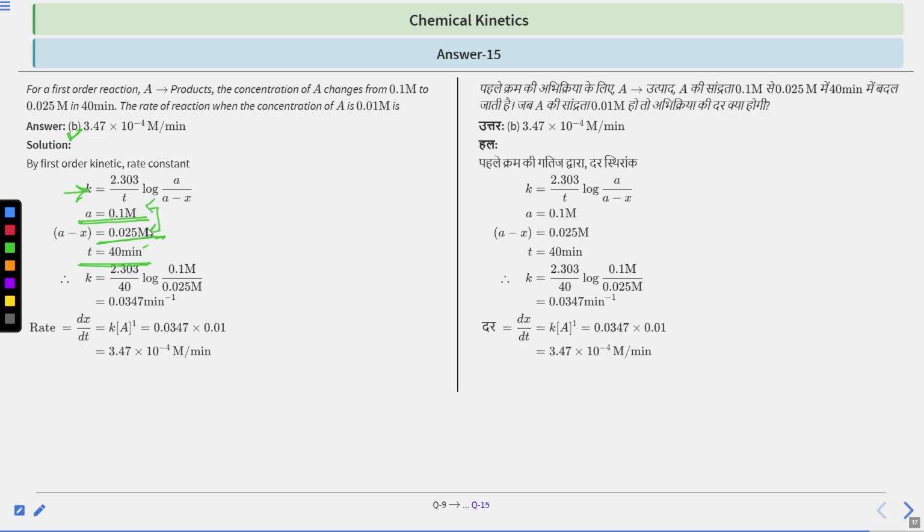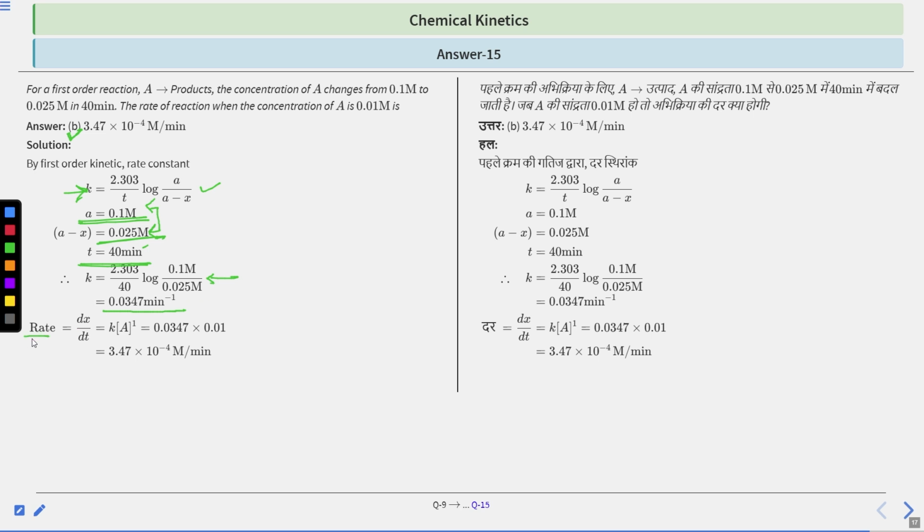So let's put this value in the K equation. So K will become 2.303 divided by 40 log 0.1 M upon 0.025 M, right? And on solving this equation, we have K equal to 0.0347 minute inverse.